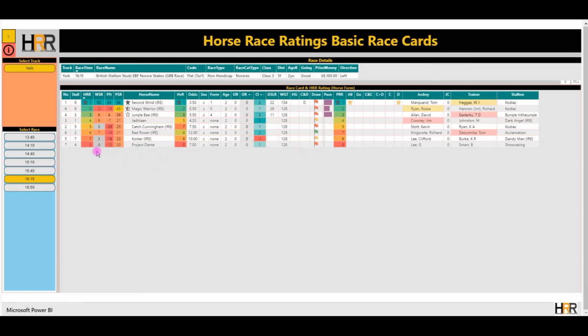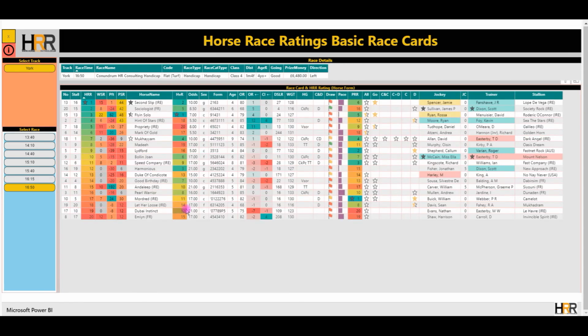So even on that basis, in terms of his breeding, by Showcasing, and the trainer, when you consider some of the other trainers, like Hannon, Haggas, Mark Johnston, again, with those types of races, you've got to be fairly careful how you go about that when a clear rating topper, Second Win, is actually pulled out of the race. Then you've got to look at the other mitigating factors for the newcomers.